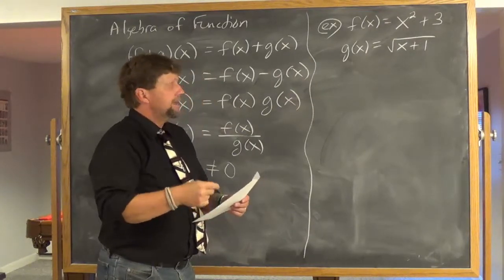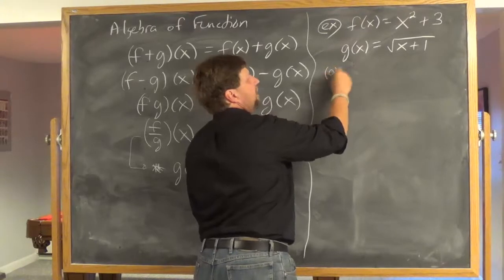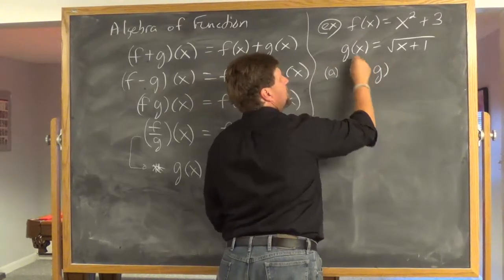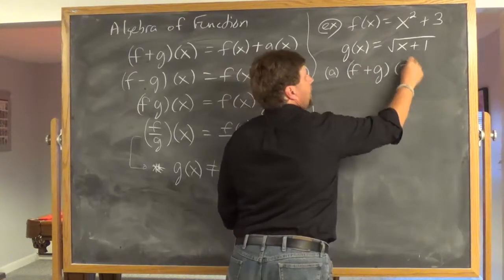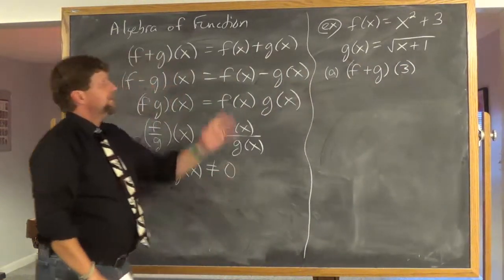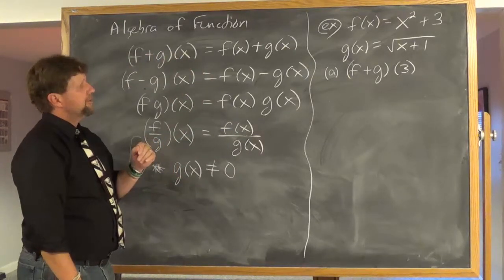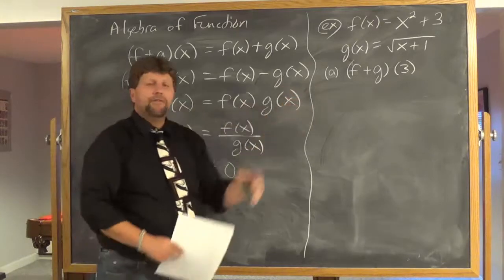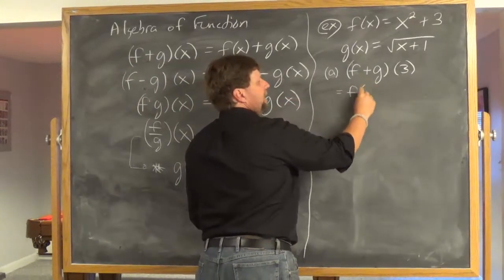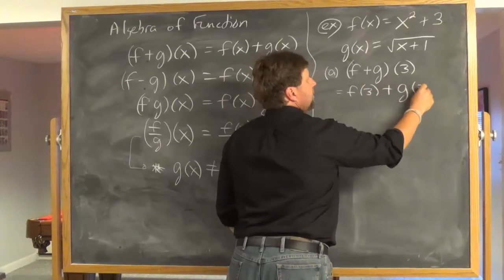So let's try doing the f plus g of 3. Well, according to our algebra of functions, this definition that you should see, the f plus g of 3, that's nothing more than doing the f of 3 plus the g of 3.